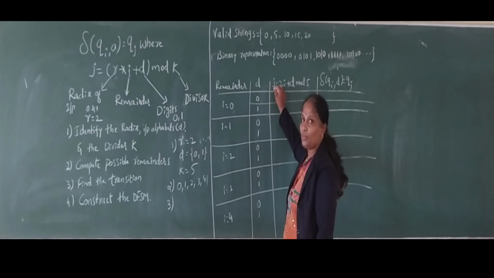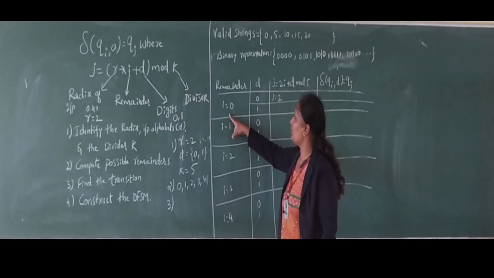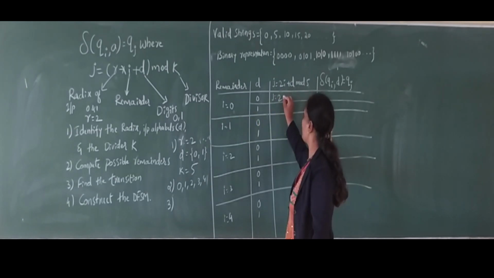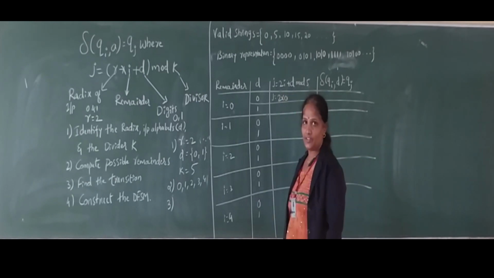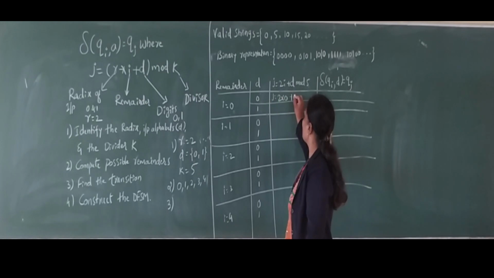J is nothing but the next state that I get. So J equal to what? 2 into the I value, I equal to 0, so I substitute 0, plus the D value, which is 0 again, mod 5.